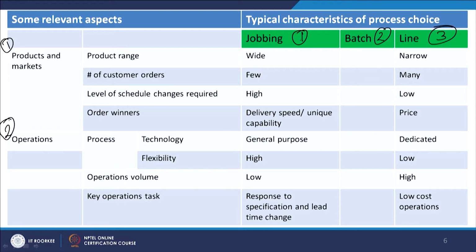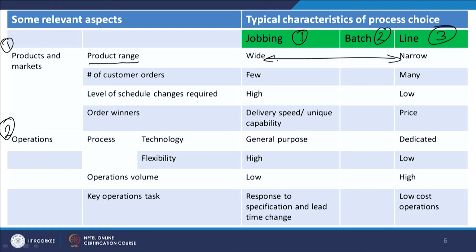Now, when we are talking of product and market related aspects, what are we going to see in that? We see the product range. Now, product range has two options, rather it is not two options, but a complete spectrum is available from wide to narrow.